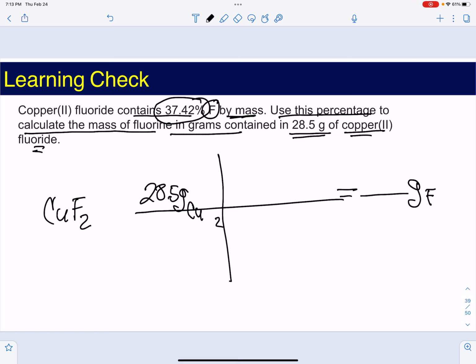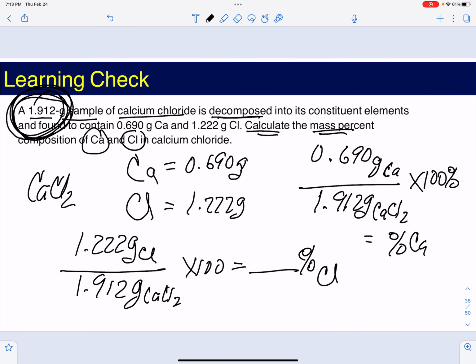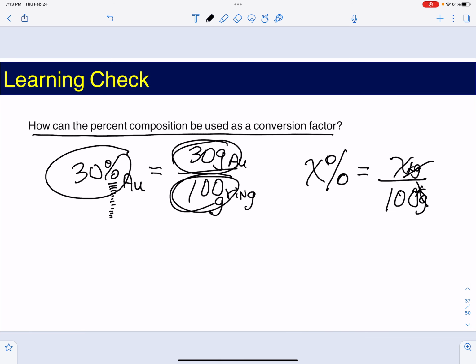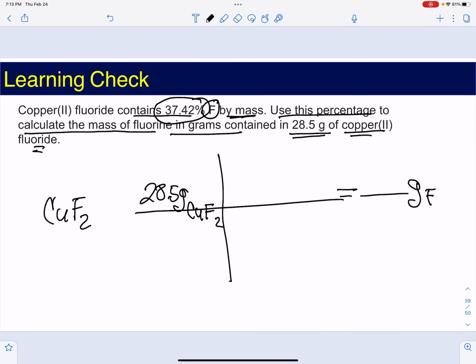So, fluoride. Obviously, I set up a train track or a dimensional analysis, so I'm going to need a conversion factor. Where do I get my conversion factor? Well, we just talked about how to take a percentage and make it into a conversion factor. So we're going to take the percentage, which is 37.42% for fluoride, and we're going to say, oh, this is a percentage.